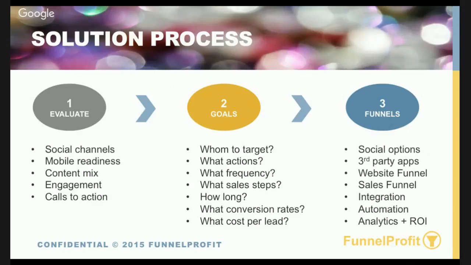For example, Twitter cards, but they may or may not be the best option to use at any given point. Folks may not behave that way on that social media channel or that platform. This may put them off, so we need to look at how you get folks into the next step of your sales process so they become qualified leads, and what tools you use to do that.